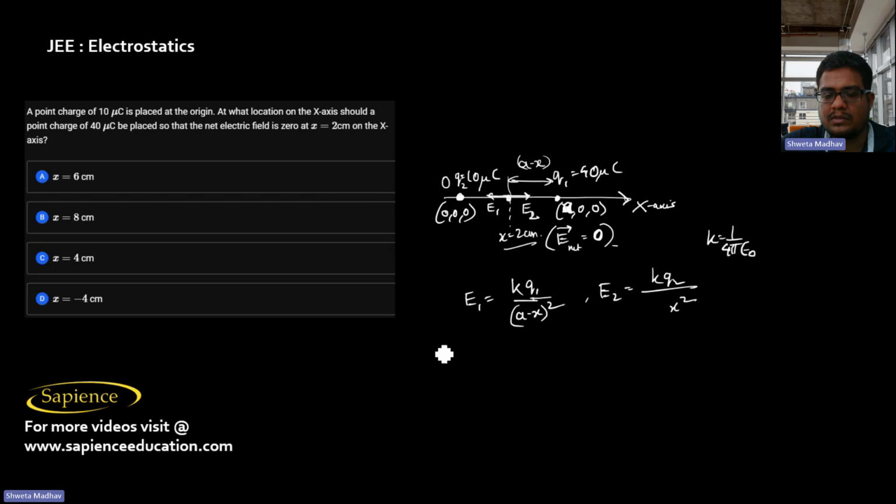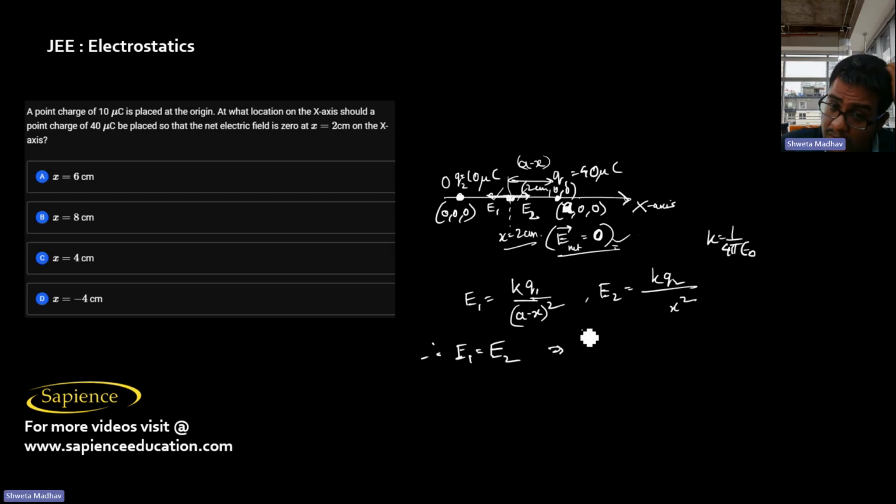Now E1 should be equal to E2. Their magnitudes should be the same and they are opposite in direction, therefore they will cancel, and the net electric field will come 0 at this point at x equal to 2. It means this point is 2 centimeter, 0, 0.